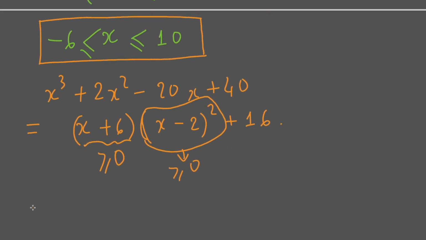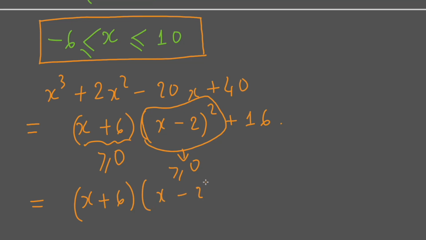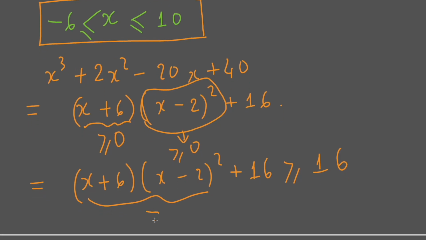Then I build this expression into another expression with the law that it has to be greater or equal than 16, because the product is greater or equal than 0.